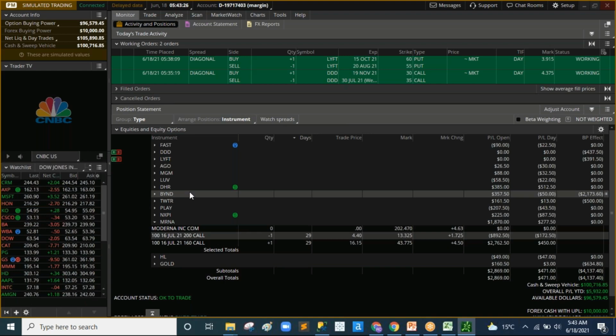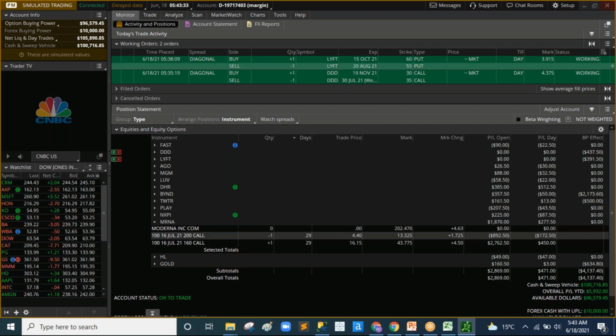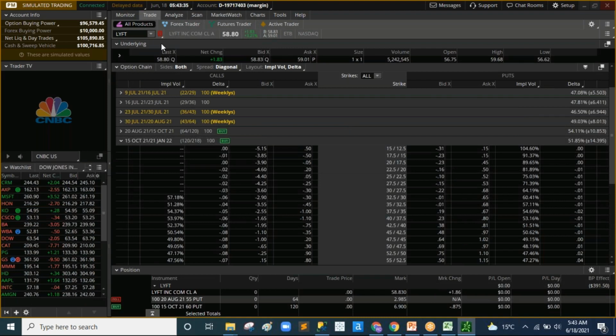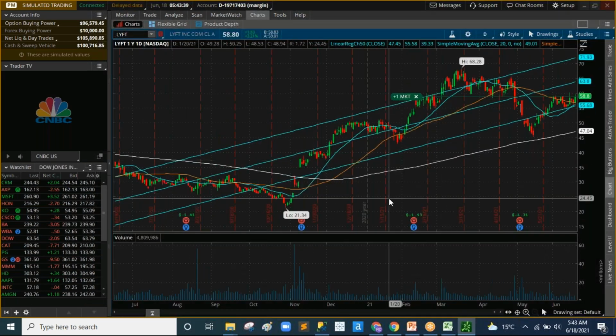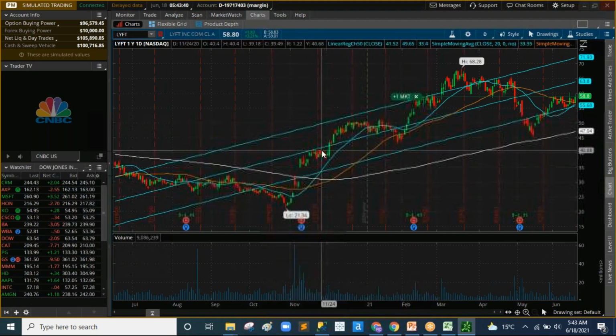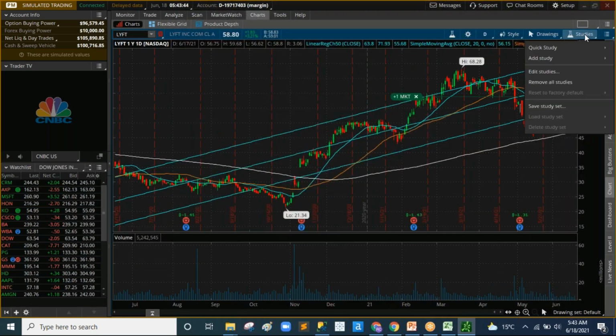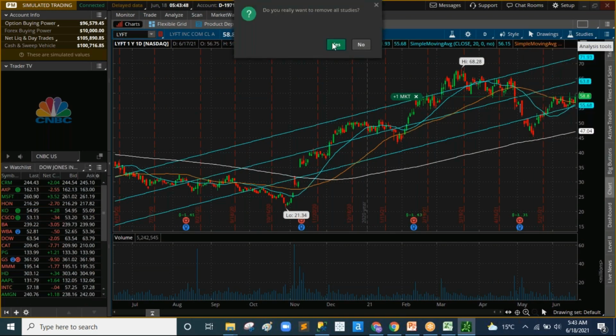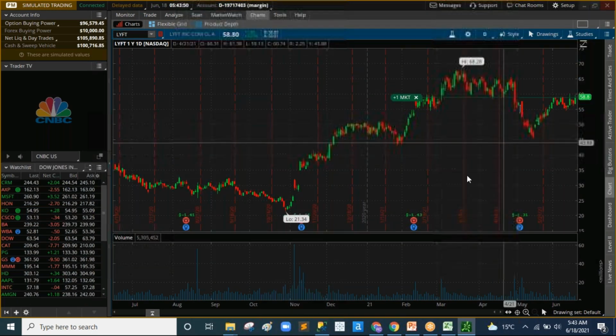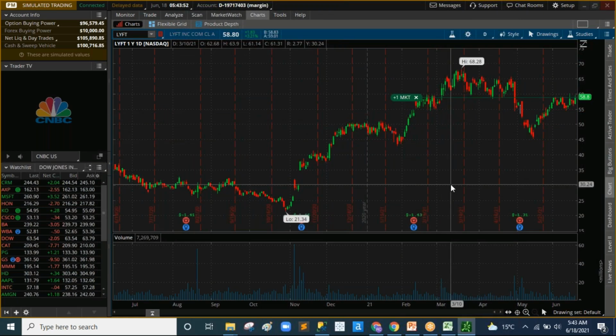If you're able to identify the support and resistance levels without any indication, like if I take a clean chart like this one, just clean as it is, let's say this one, you can identify the key support and resistance levels.